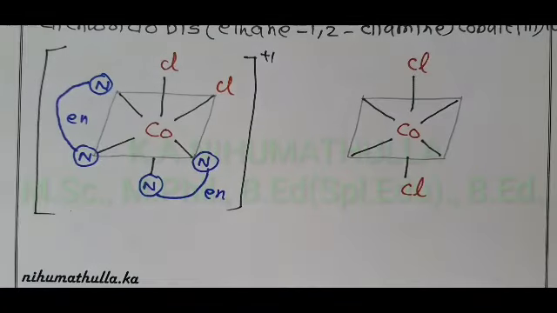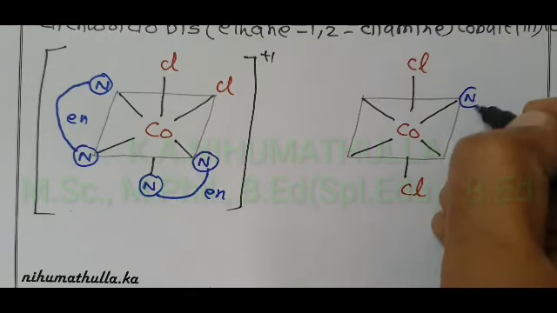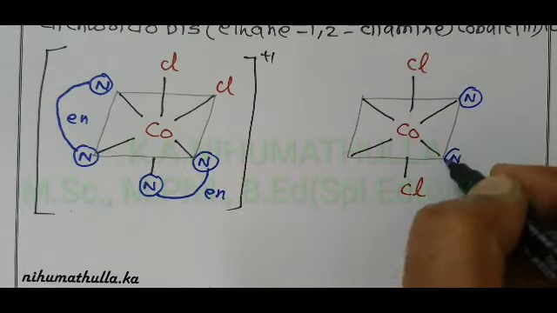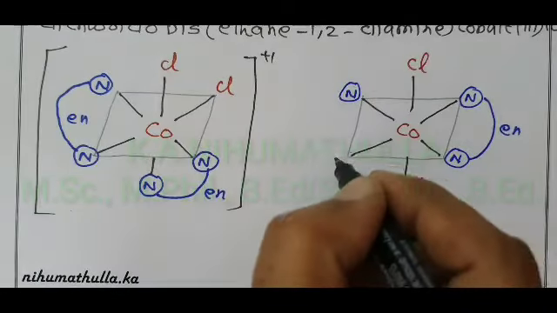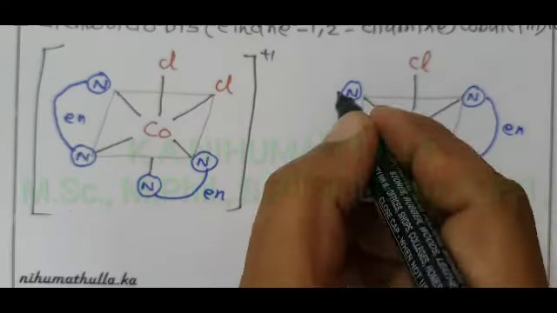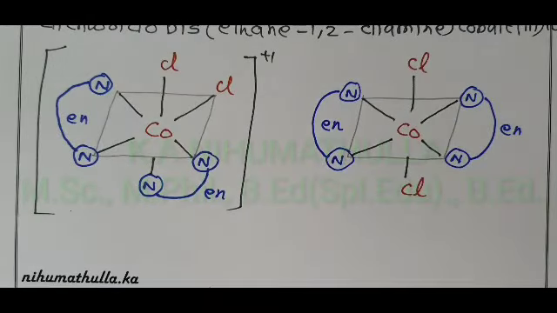Like that we have to draw here. Ethylenediamine, CH2NH2, CH2NH2, donor atom nitrogen, join 2 nitrogens, en, and put it here as ethylenediamine.